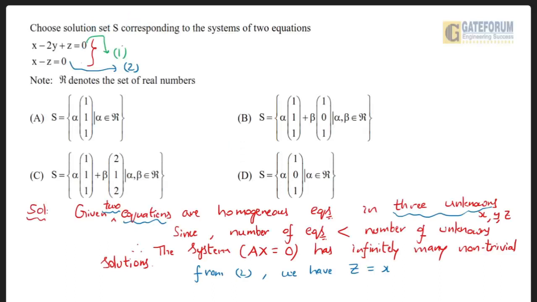Now substituting into equation 1, what is equation 1? x minus 2y plus z. Let us say this is 3. x minus 2y, and the z value is x, equals 0.